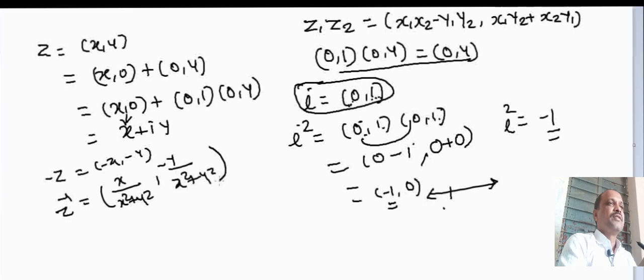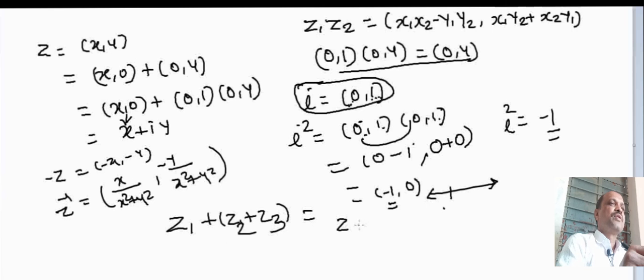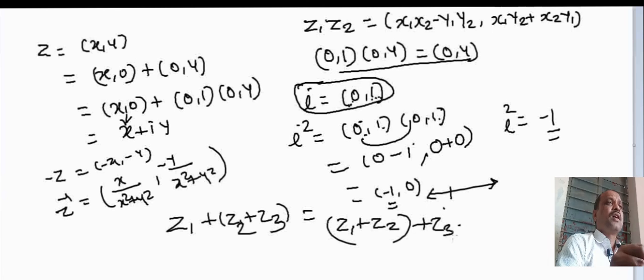So, let us see the commutative and associative properties. z1 plus z2, z1 into z2, z2 into z3, and z1 plus z2 plus z3. So, this is a very easy one. Therefore, I would like to skip this, and we will prove the distributive property of complex numbers.